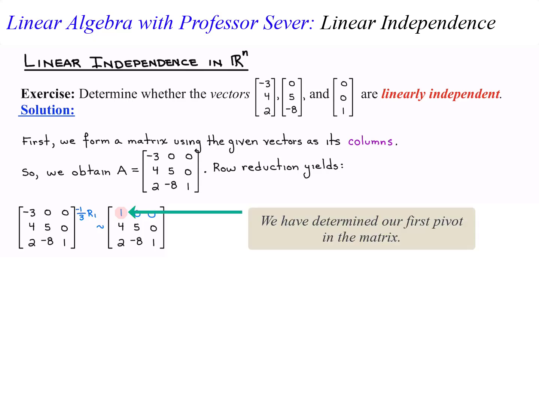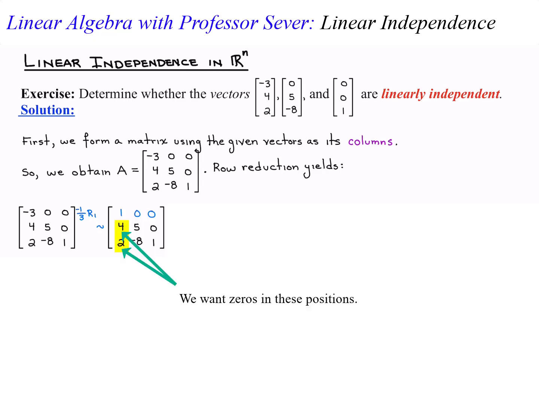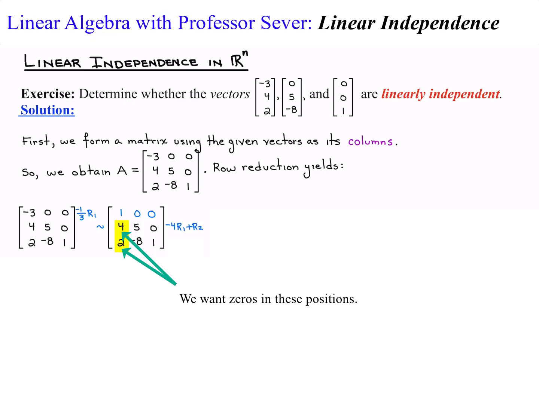Now the next phase is to produce zeros below it. To do that, we need to multiply the first row by negative 4 and add that to row 2. That would put a 0 in the 2, 1 position. Then we need to multiply the first row by negative 2 and add that to row 3. That would place a 0 in the 3, 1 position.